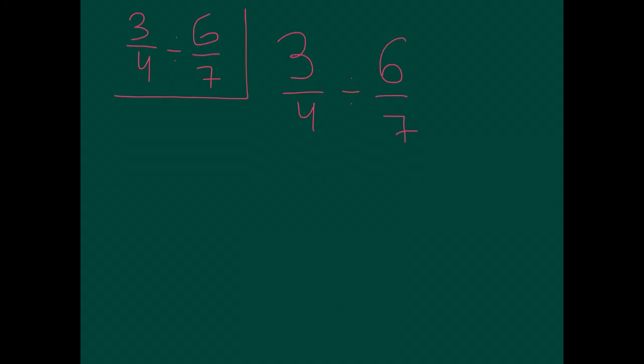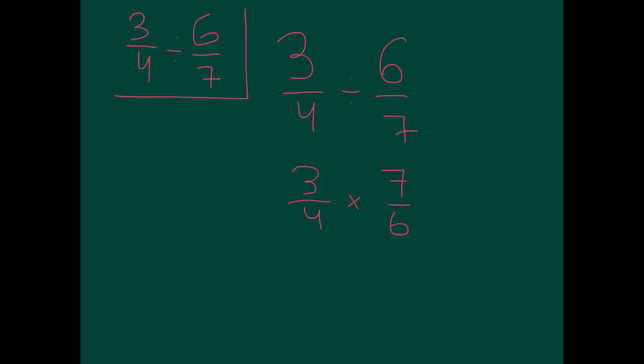Today you will be dividing fractions. So the problem we have is 3 over 4 divided by 6 over 7. So you're going to flip to the reciprocal. So it's supposed to be multiplication.